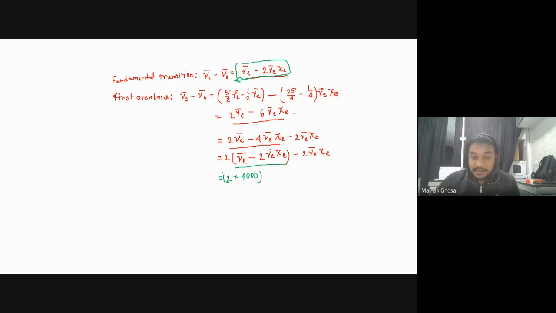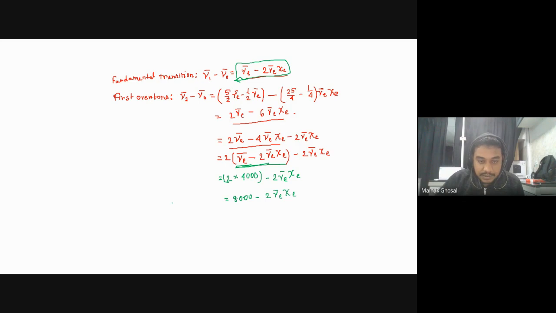So since this corresponds to the fundamental transition, I am putting all these as 4000 minus 2 nu e bar chi. So my value will be 8000 minus 2 nu e bar chi.